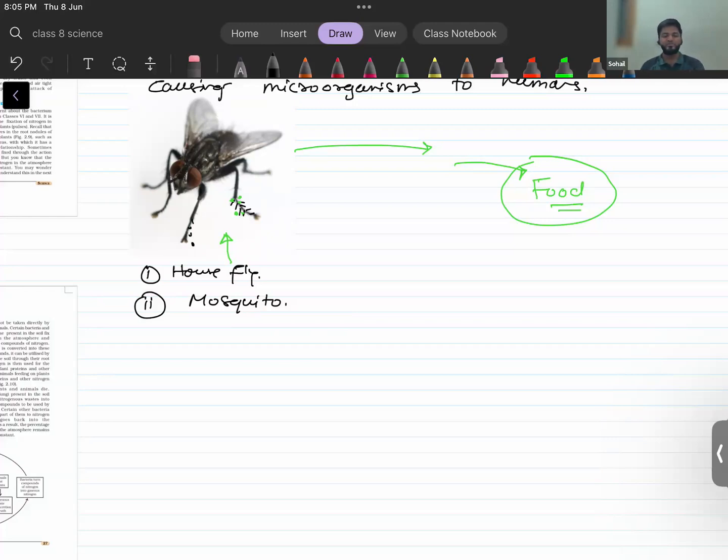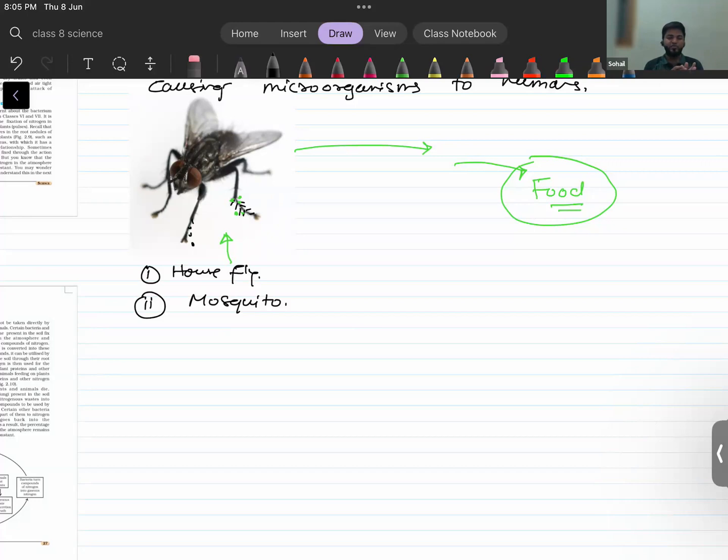So what happens? Let's say there is a person who's suffering from malaria. When this female mosquito feeds on the blood of a person suffering from malaria, it will suck the contaminated blood of that person, right?